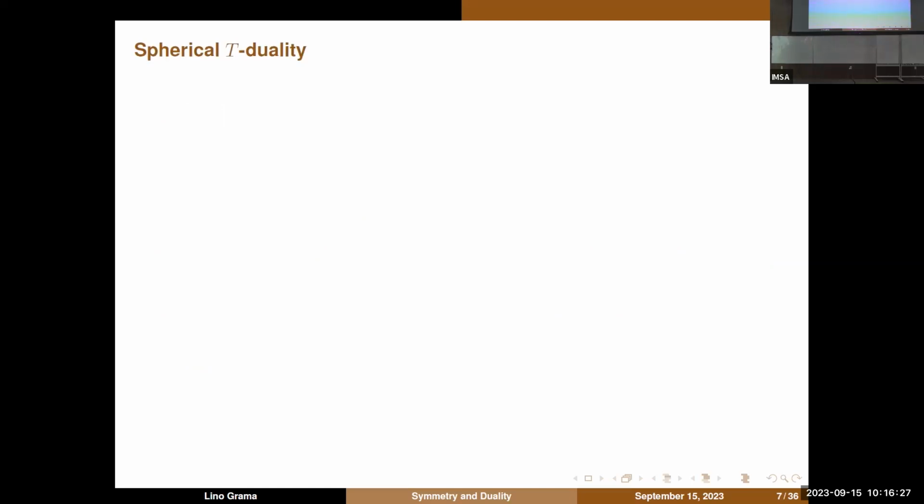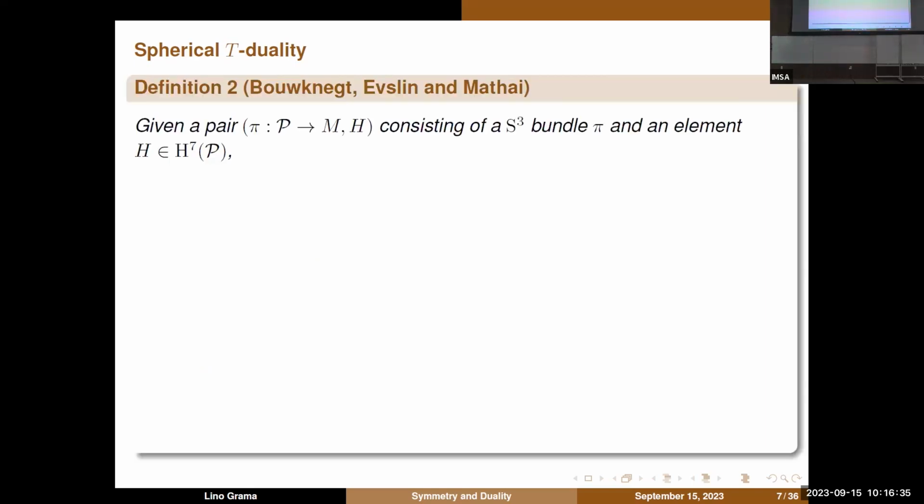And now we go to the main topic. The first main topic of my talk is spherical T-duality. And this is a very similar concept, but instead of considering torus fibers, we consider S3 or SU(2) fibers.